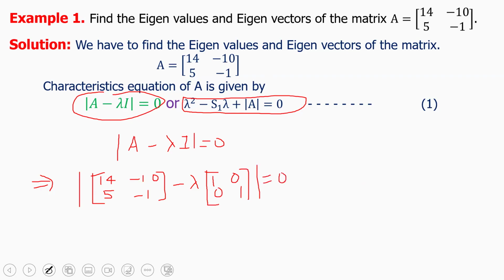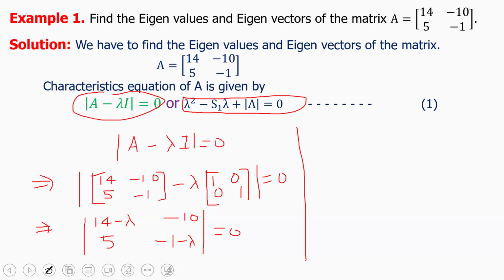The determinant equal to 0 becomes 14 minus lambda, minus 10, 5 minus 0 is 5, minus 1 minus lambda, equal to 0. This is the 2 by 2 determinant.